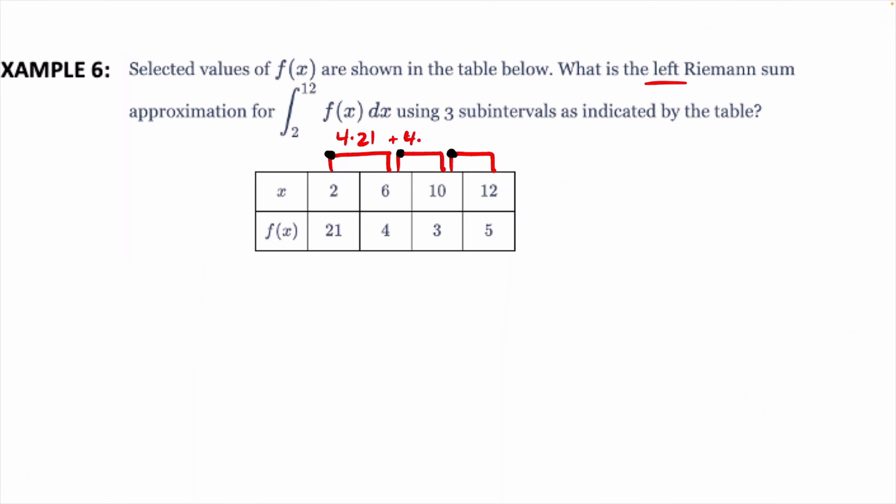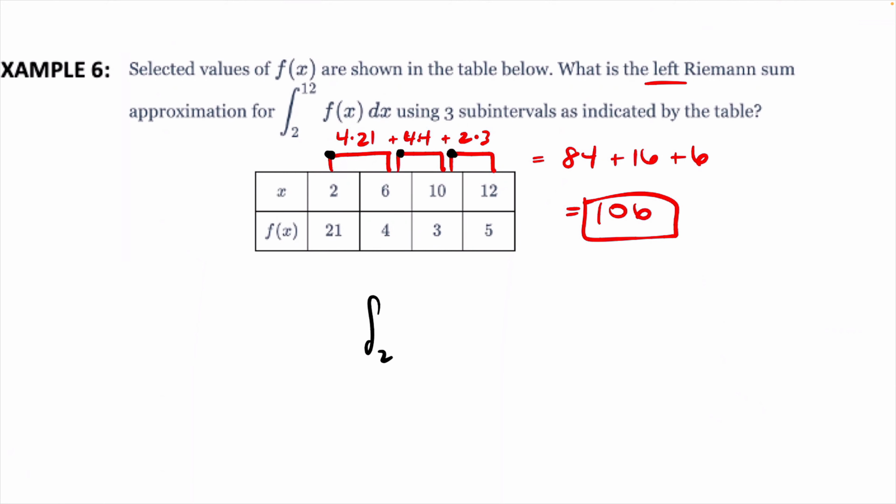How tall is that second dot going to be? 4. The last one is 2 width. How tall is that last one going to be? 3. So what is it? 84 plus 16 plus 6, which is 106. So in other words, the area from 2 to 12 for the function is 106.